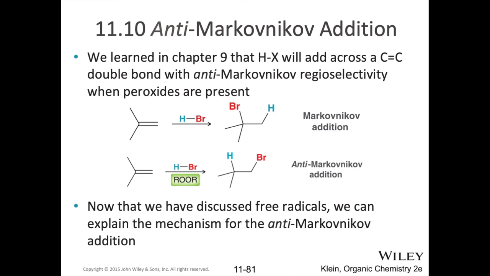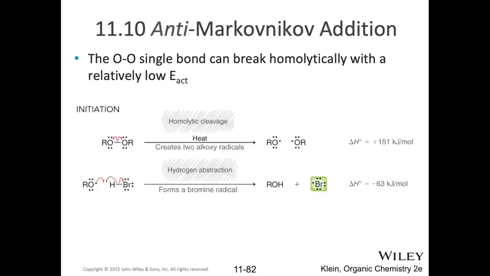Though I think hopefully by now you've probably realized that a peroxide, as I mentioned earlier, is a great candidate for an initiator for these radical reactions, right? They readily cleave at that oxygen-oxygen bond, and you make these alkoxy radicals. So you can imagine that that's going to be our initiation step here. With that, we have our initiation step where that oxygen-oxygen bond homolytically cleaves.